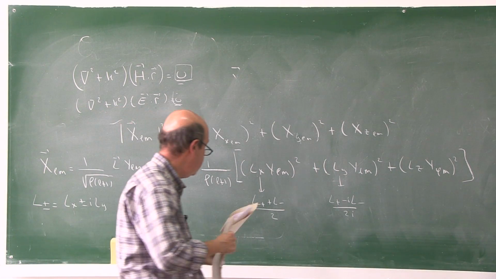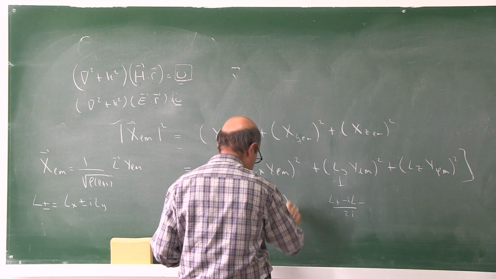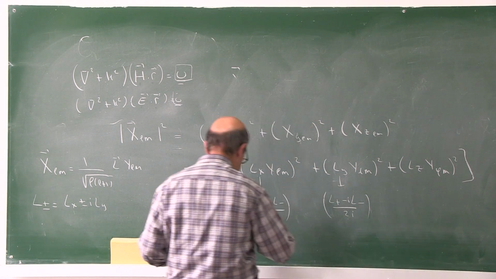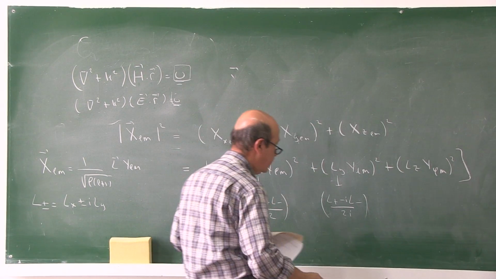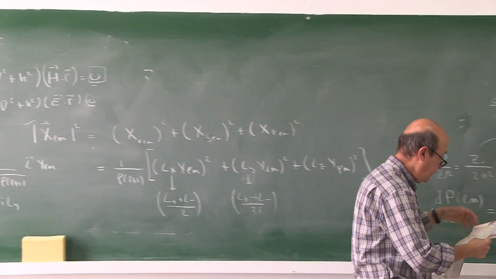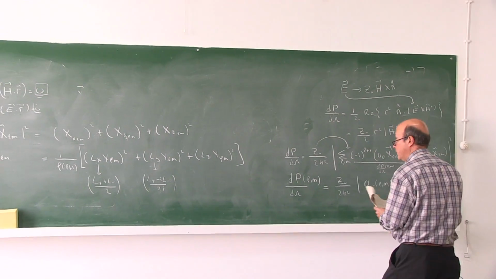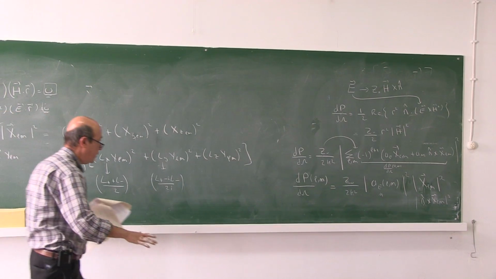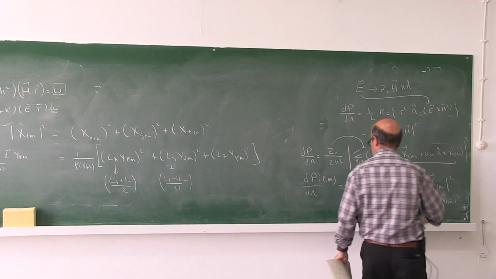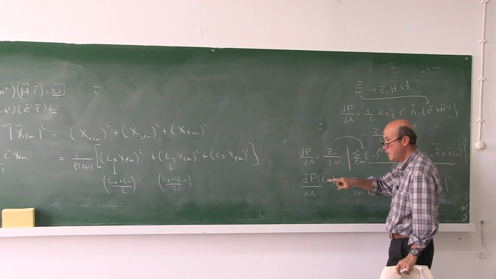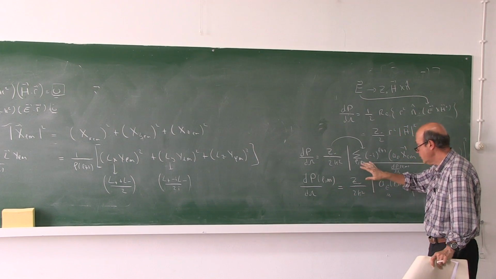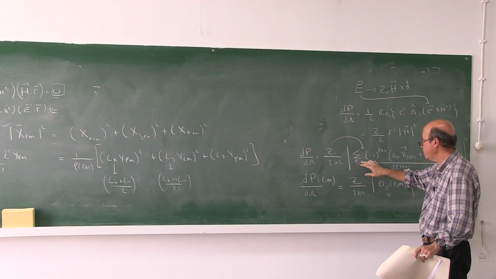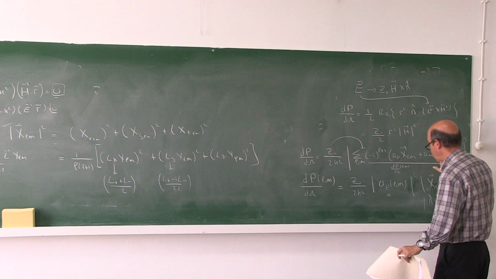You did this in quantum mechanics, and you know the eigenvalues of L plus, L minus, and Lz. So if you apply this, you are going to obtain the following. What I am trying to do: I said that the total power emitted per solid angle is equal to the summation over all multipole orders, including the coefficients.